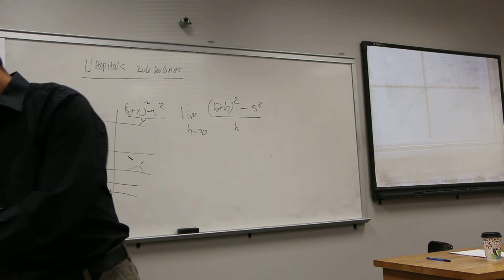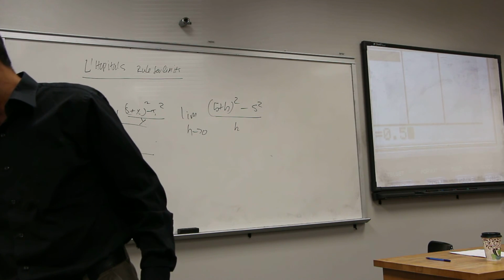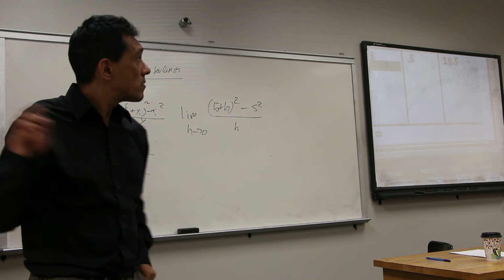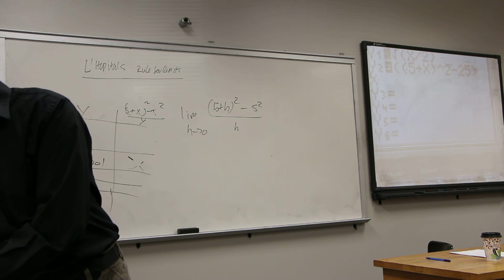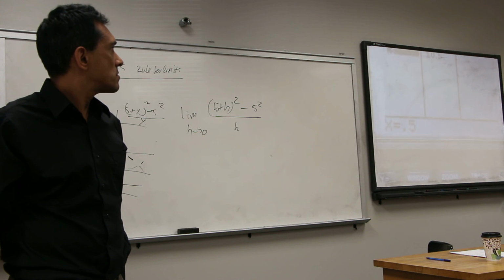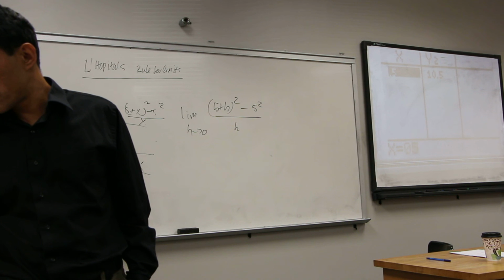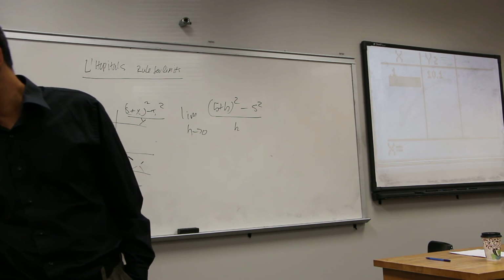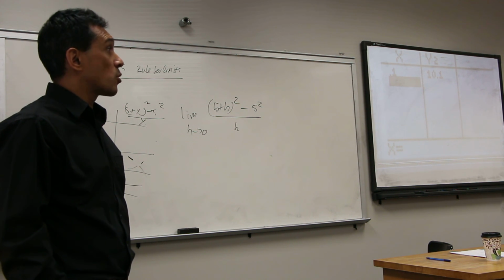How small? Well, I want to look at the function. 0.5. That gives 10.5. But that was not close to 0. I'll get even closer. 0.1 gives 10.1. That was not close to 0. I'll get even closer.